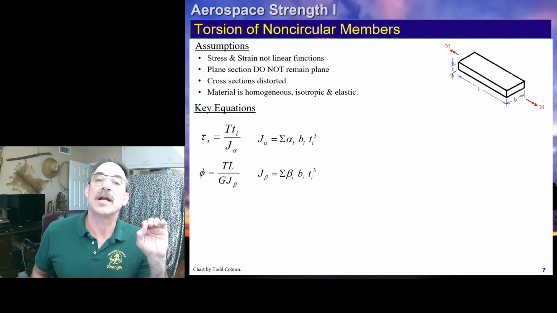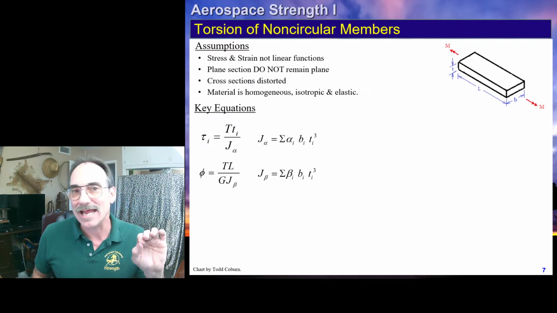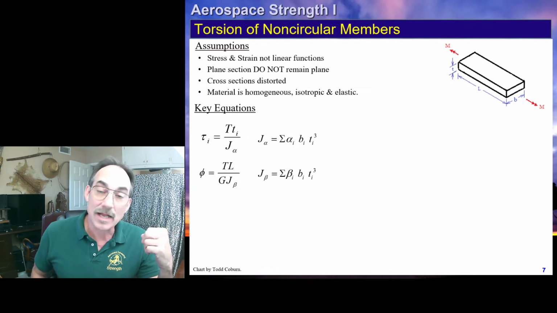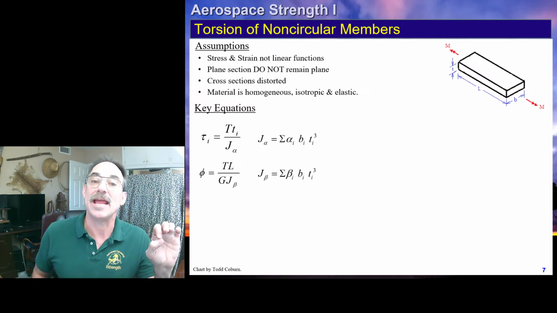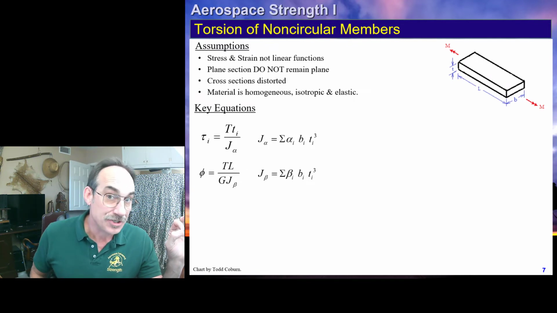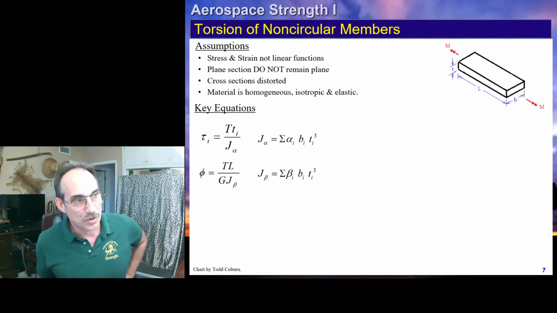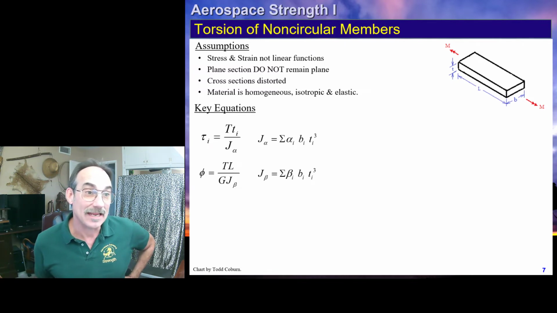But then we will look up the alpha and the beta and multiply each quantity by those values. The summation of the alpha b t cubed is our J for the shear stress, and the summation of the beta b t cubed is our J for the angle of twist.